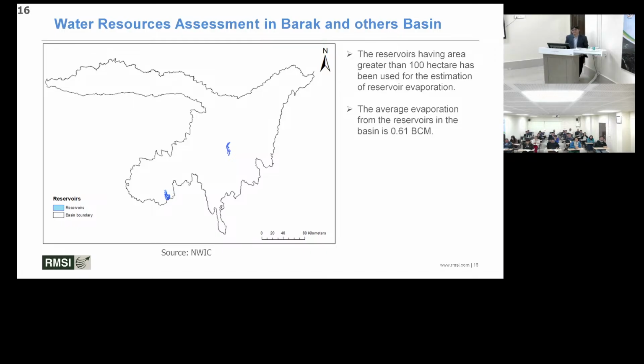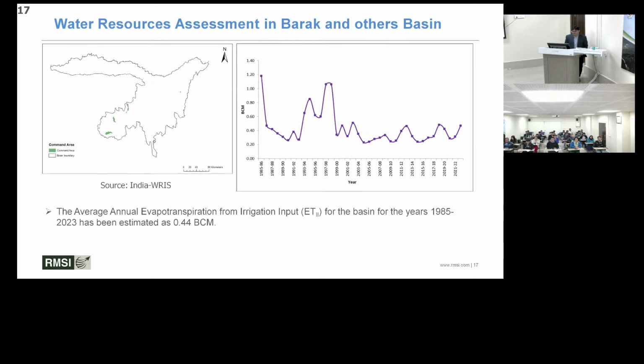There is a lot of data freely available for entire India. For example, what are the reservoir locations in India? In your basin, if you want to see the reservoir spread area, you can see this file. And you can see the command area in order to estimate the irrigation water requirement. The command area shape file is also there in the NWIC.